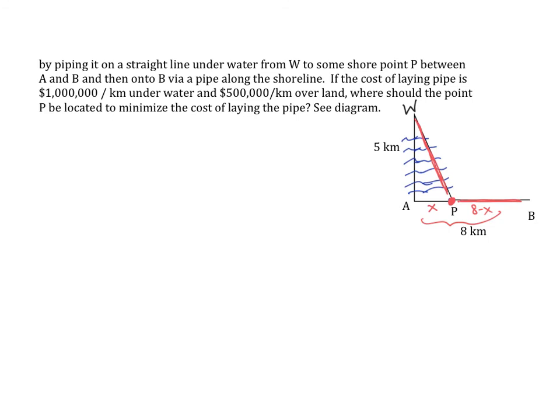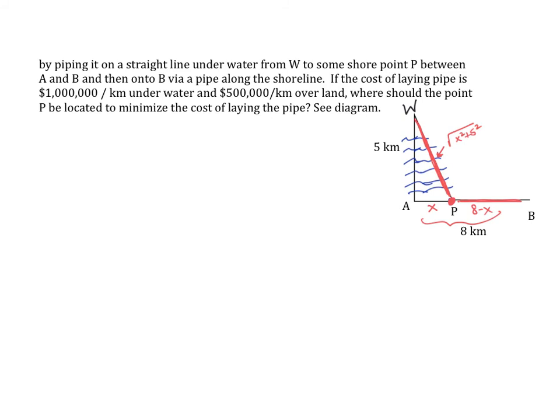Assuming point P is somewhere here, you could put it right here or right here and you'll get pretty much the same values, but I'm going to put it here so I could develop some sort of equation. Over here, for this, I will get the square root of x squared plus 5 squared. Okay? So that's what this distance will be. And if x is 0, it's obviously just going to be 5.